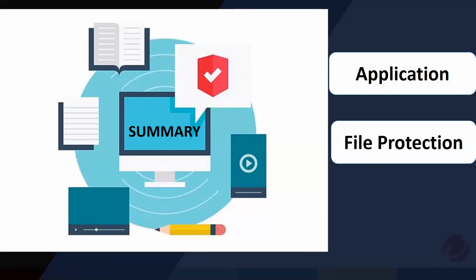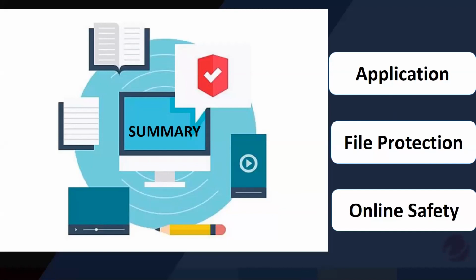For file protection, always use a password, an encrypted one, even on your USB thumb drive. And for your online safety, make sure that you follow the basic guidelines: antivirus, update your operating system, do not choose public Wi-Fi, and always use the 3-2-1 backup rule.